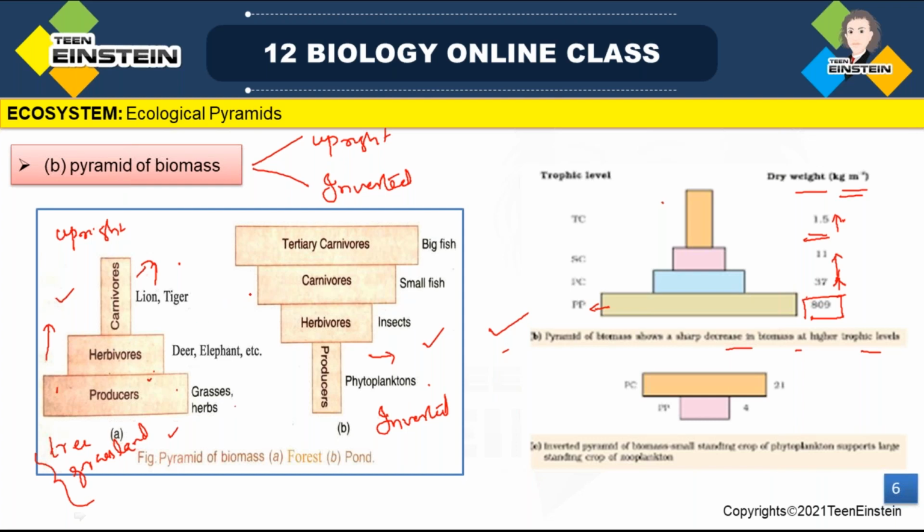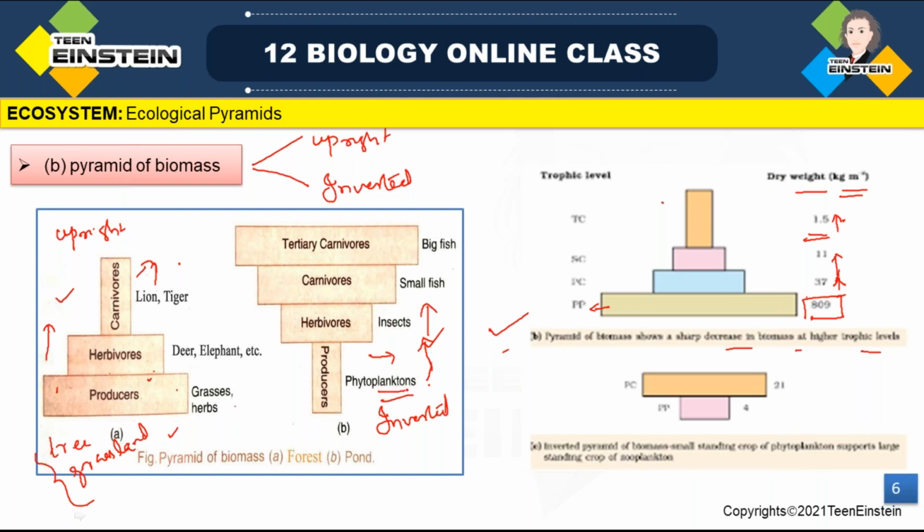So the sum total of the biomass of the animals in this ecosystem, like brown algae and all, you can see in such an ecosystem. See, don't get confused. Here you can see phytoplanktons. When it is moving to a higher level, this is not the number, it is biomass.